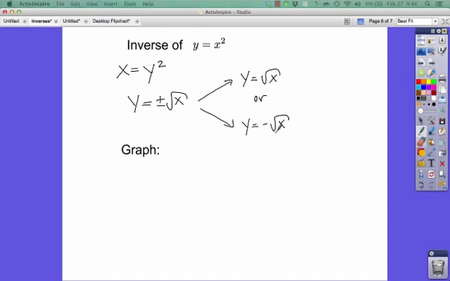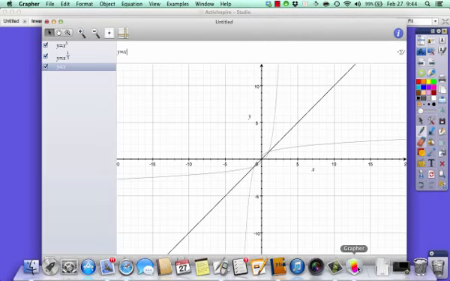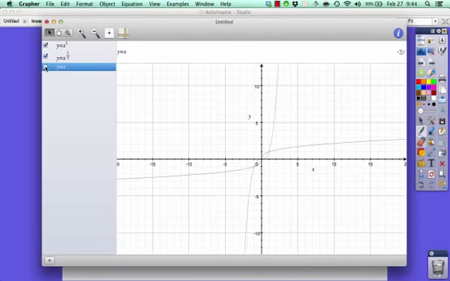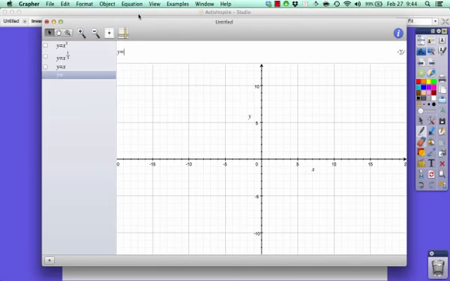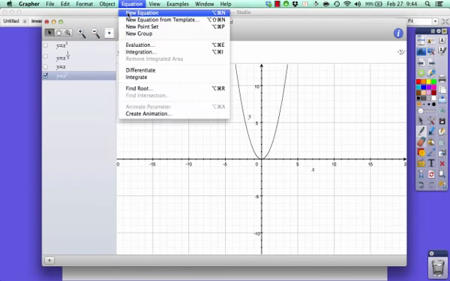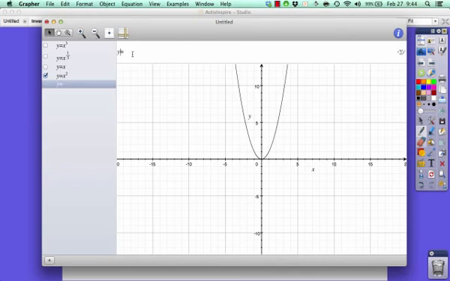If I try to put this in my calculator or in a computer on Grapher here, for instance, there's y equals x squared. Now if I flip it over, this particular computer can do the complete inverse, is what we call it.